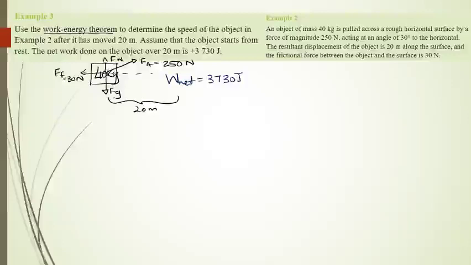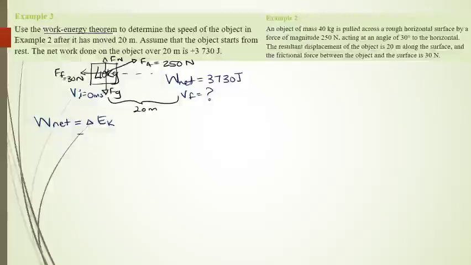Well, what is the work-energy theorem? The work-energy theorem is that the net work is equal to the change in kinetic energy. We want to determine the speed of the object. We need to assume that the object starts from rest, so my initial velocity is equal to 0 meters per second, and I want to know what my final velocity is going to be.